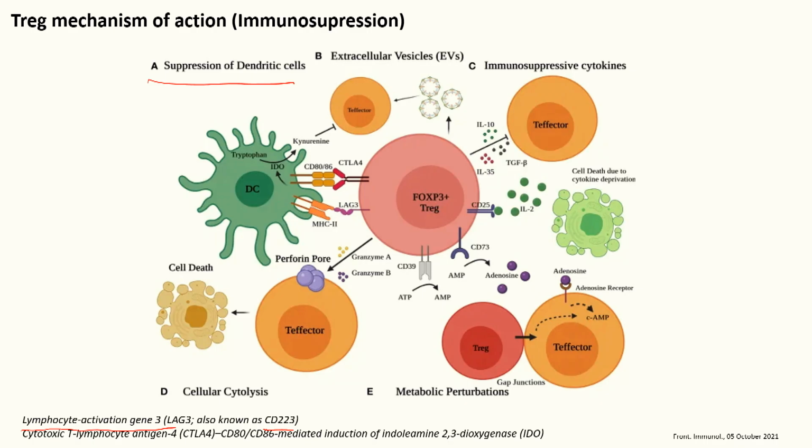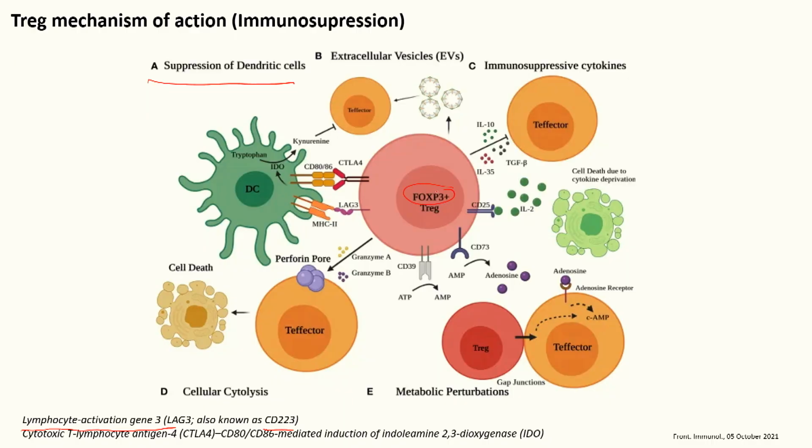So one has to remember what the things are which are expressed on a T regulatory cell. Of course, there is FOXP3, and apart from that, we are getting expression of lymphocyte activation gene 3 and CTLA4.